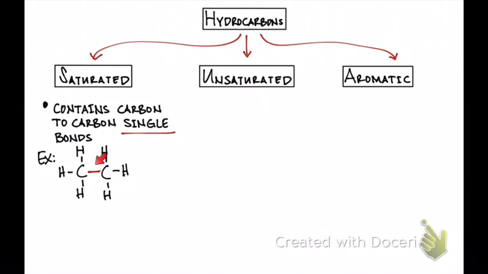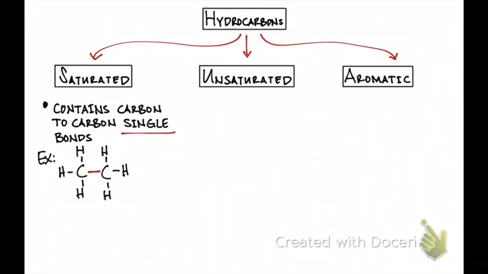A single bond is represented by a single line, and it contains one pair of electrons, which is shared by both carbon atoms. So this is the chemical structure of ethane, which is a saturated hydrocarbon.